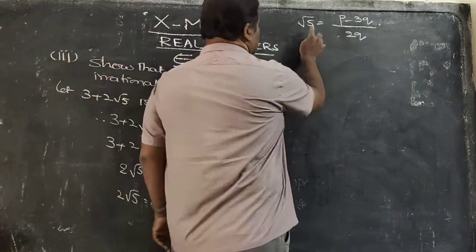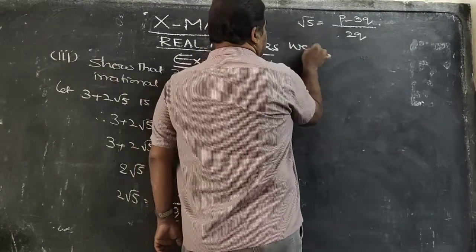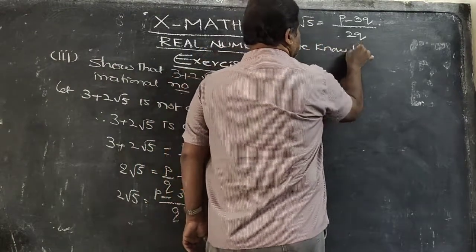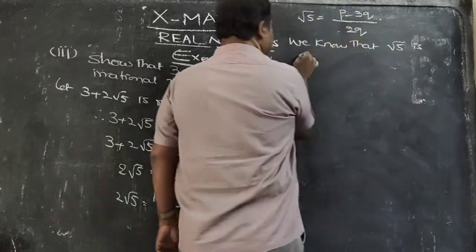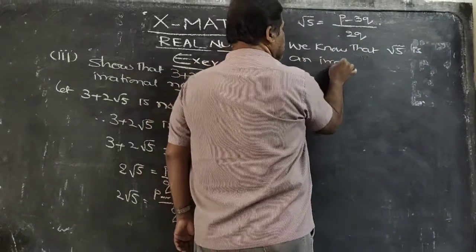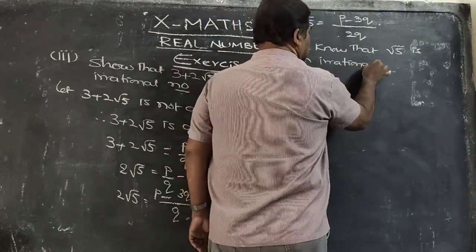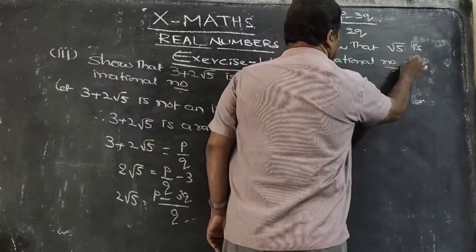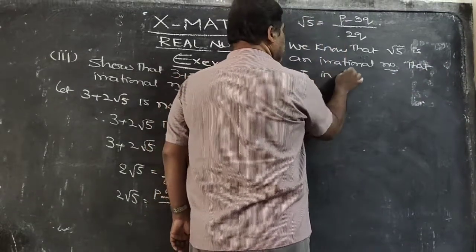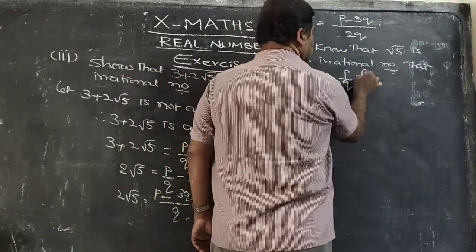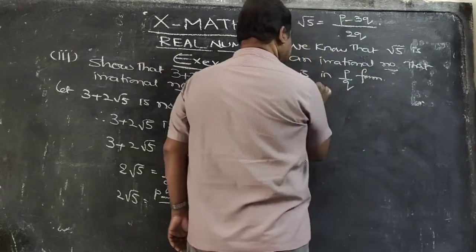Therefore, let us write the conclusion. We know that root 5 is an irrational number that is in P by Q form. This is impossible.